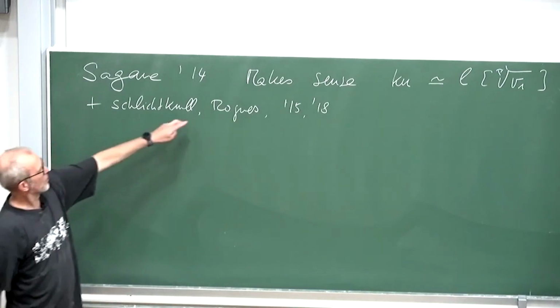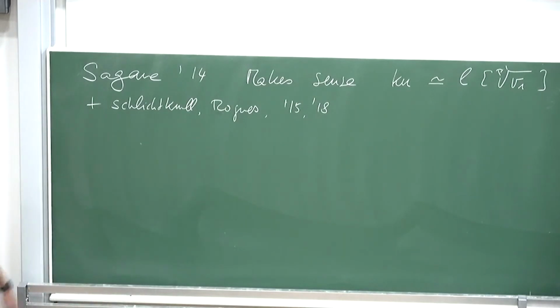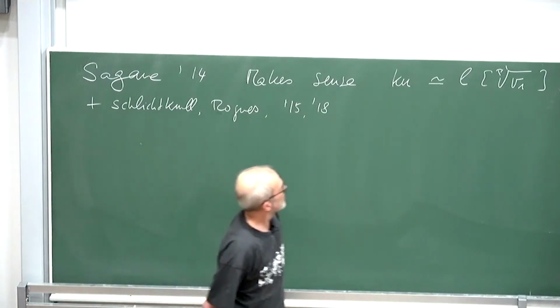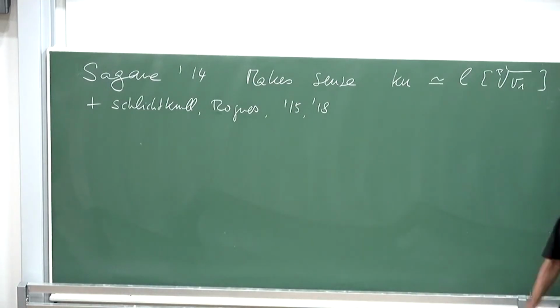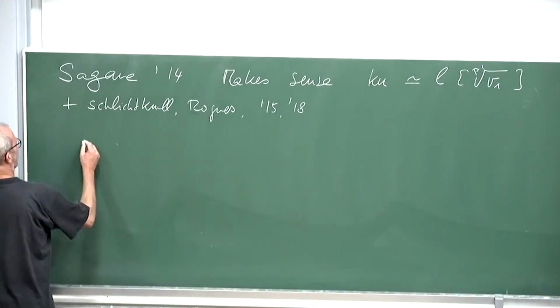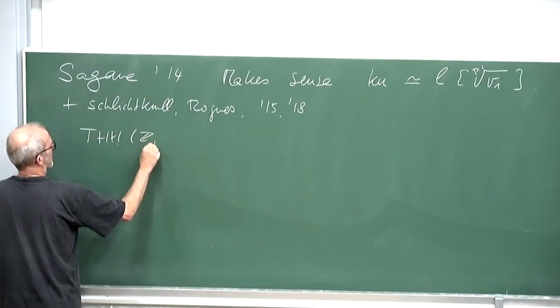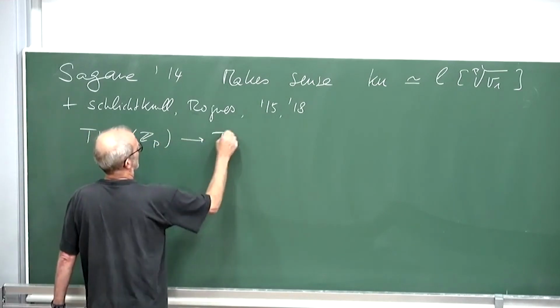So Rognes had the first paper on logarithmic structure, and then with Schlichtkrull they developed it with a localization sequence, and then in the third paper they do it for KU. And then they prove a localization sequence. What should replace the localization sequence here should be something like this.